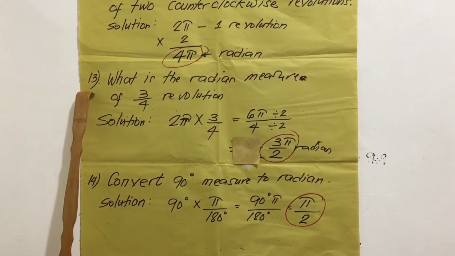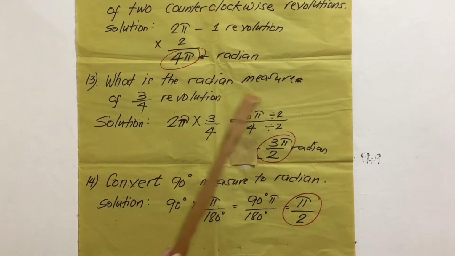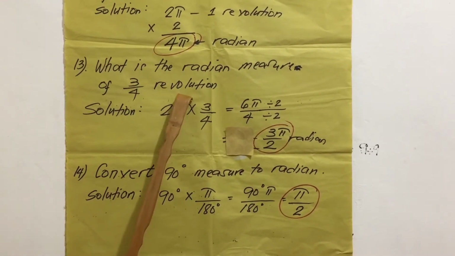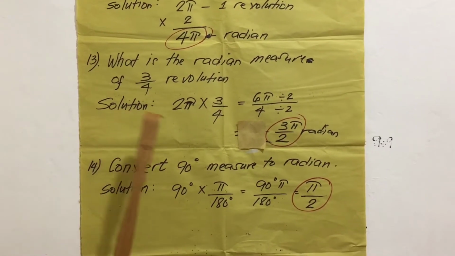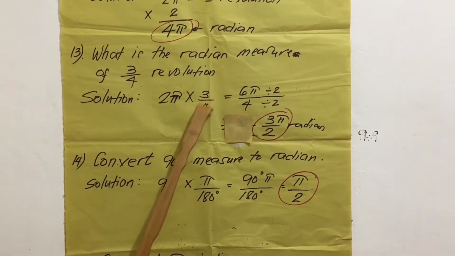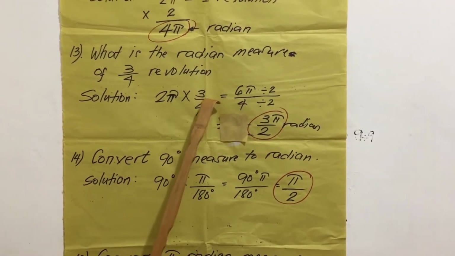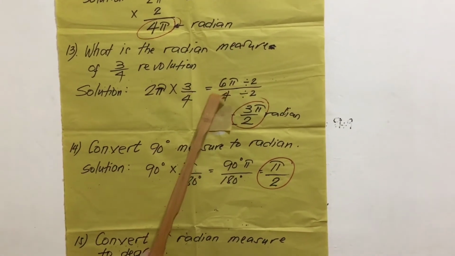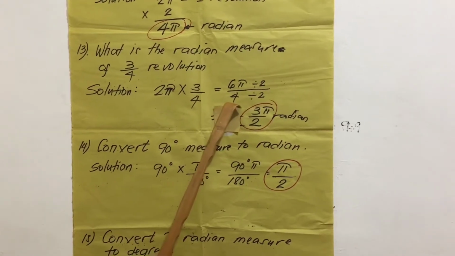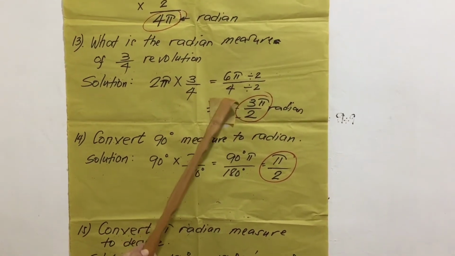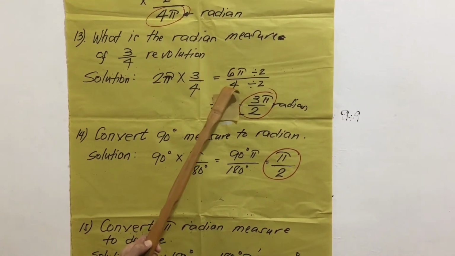Next, number 13. What is the radian measure of 3/4 revolution? Our solution, 2 pi times 3/4. So we multiply 2 times 3 equals 6, copy pi, then copy the denominator. Then we're going to simplify 6 pi over 4.